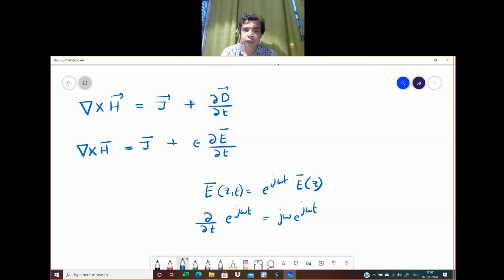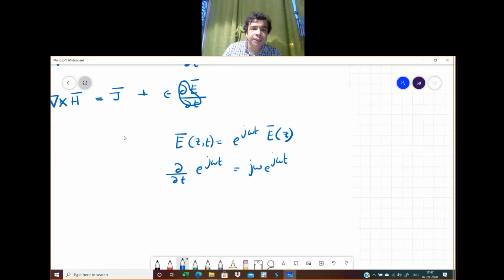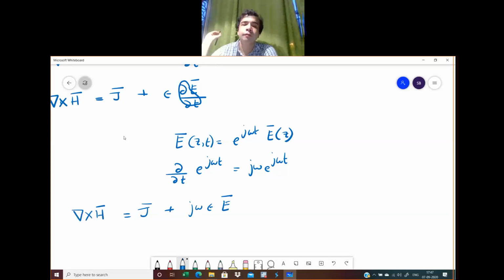So this differential operator can be simply replaced, giving J plus j omega epsilon E. Can we write this if we take phasors?